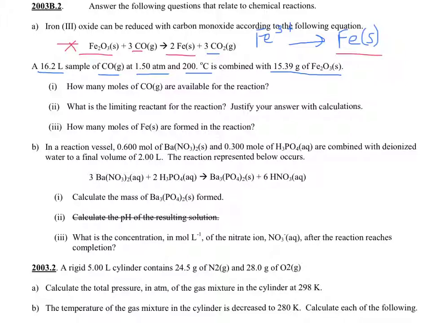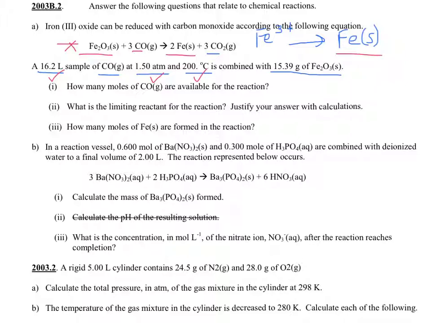First part is how many moles of carbon monoxide are available for the reaction. So we do have all that we need to calculate moles because we've got the volume and the pressure and the temperature. So we can solve for n in PV equals nRT.